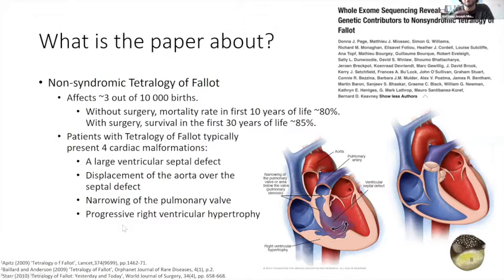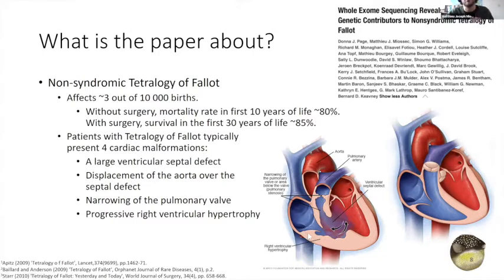And then, as a result of all the work that goes into pumping the blood because of the altered circulation, you have this muscle here that becomes thicker and thicker because of the sheer effort in pumping the blood, and you get a progressive right ventricular hypertrophy. So that's a phenotype that gets worse with time.